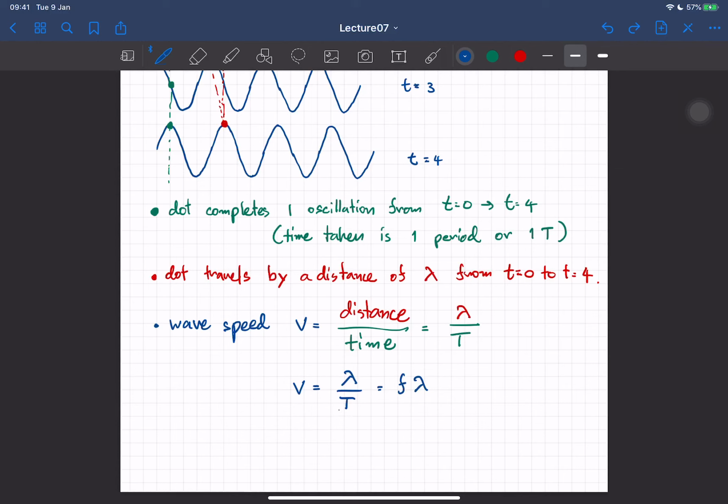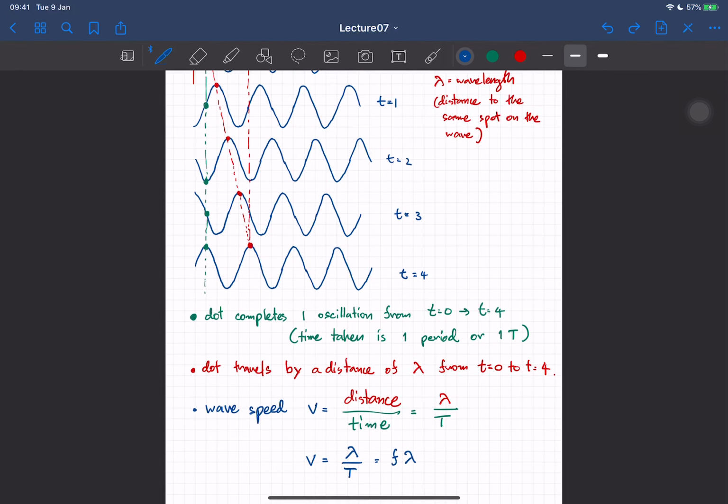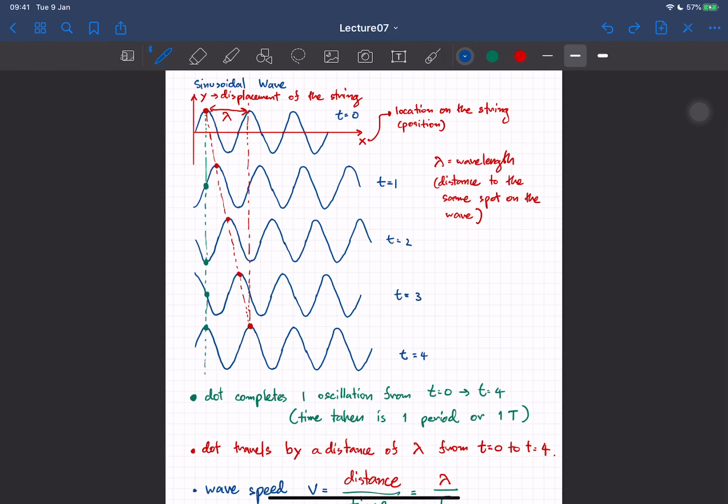It's not as clear as writing it this way, because you see right away that velocity is just distance divided by time. But we're just rewriting the time, which is 1 period, in terms of the frequency. So v equal to f lambda here, right? This is maybe sometimes overly detailed, but I hope it gives you a nice picture of how this formula is derived, right?